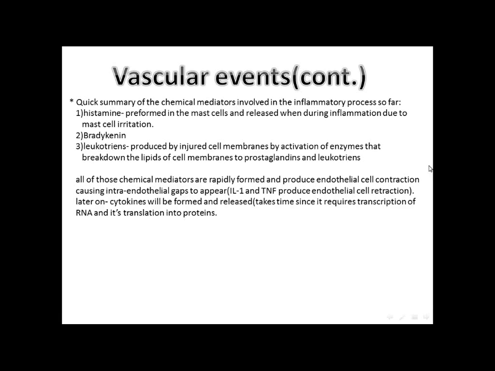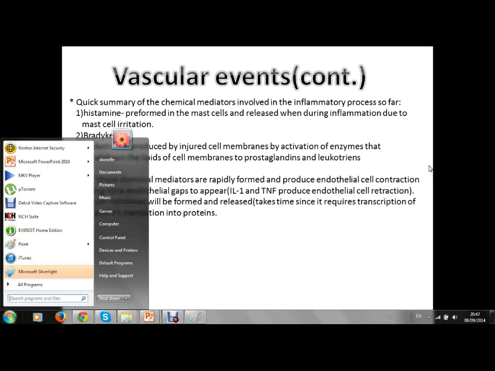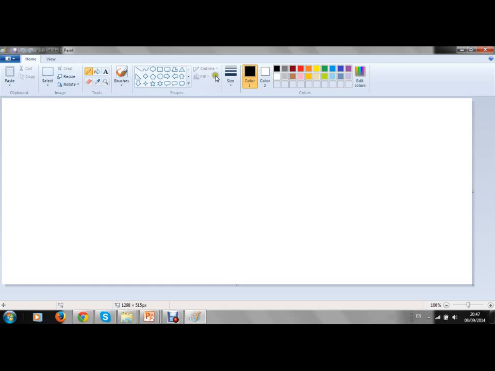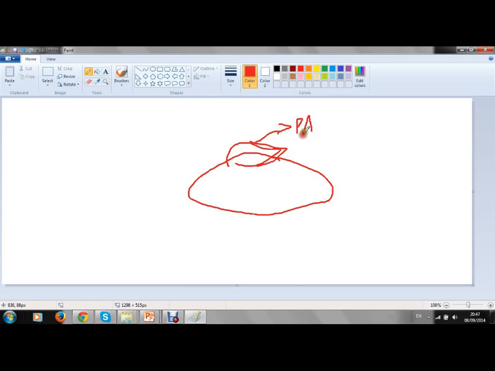And this is, as I mentioned to you, pretty important, so I'll explain it to you again. If this is a mast cell and this is the mast cell membrane, due to an irritation of the mast cell membrane, phospholipase, let's call it PL, phospholipase A2 will be activated.